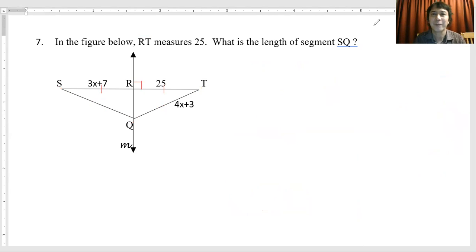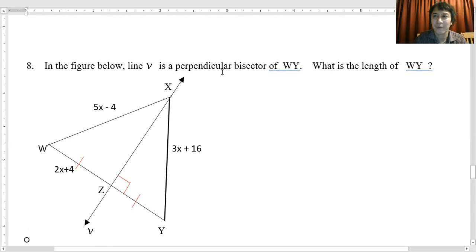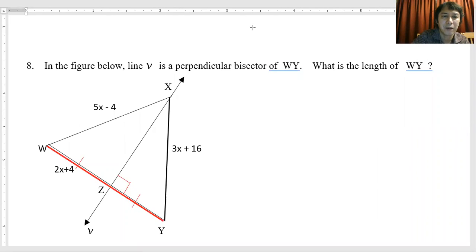Let's scroll, and here's number 8. In the figure below, line V is the perpendicular bisector of WY. So our segment is WY, which is divided into 2 equal parts by this line.